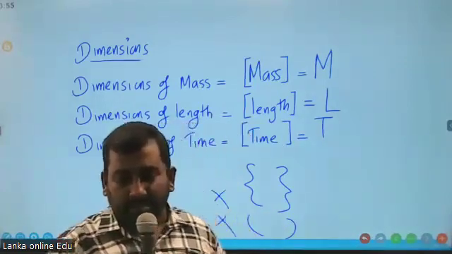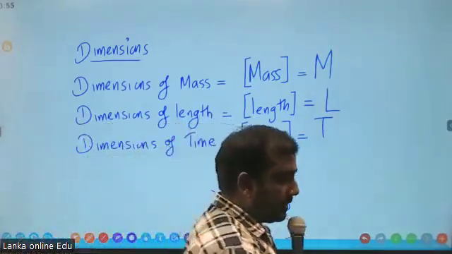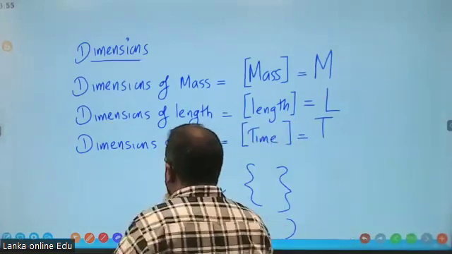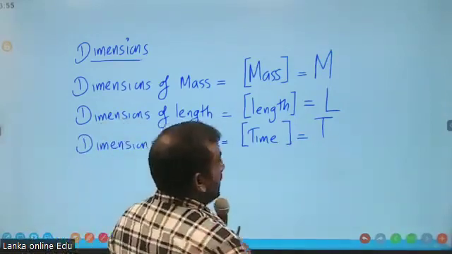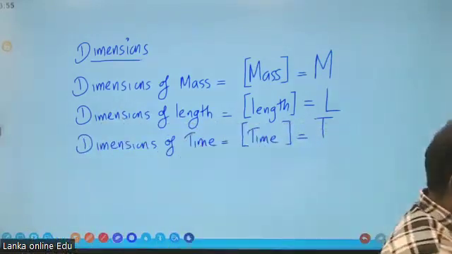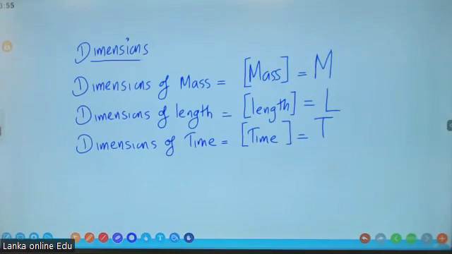Subtopic: dimensions. The universal method of representing a physical quantity is known as dimensions.